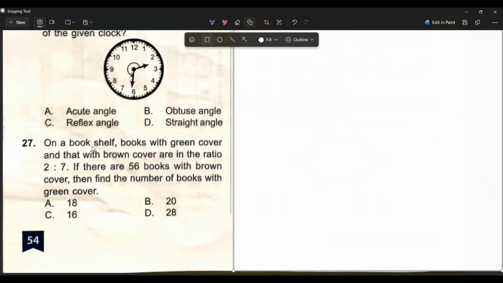27th question. On a bookshelf, books with green cover and that with brown cover are in the ratio 2:7. If there are 56 books with brown cover, then find the number of books with green cover.